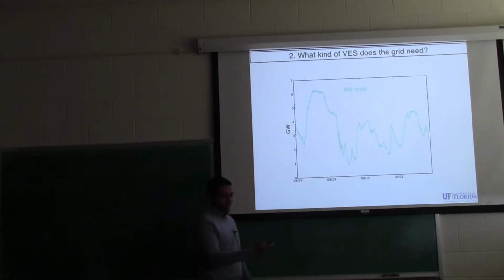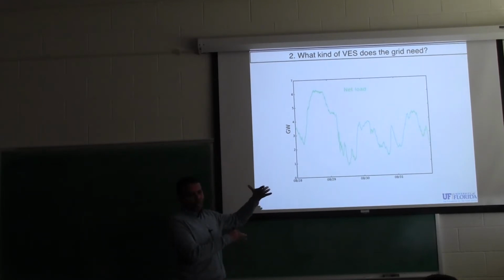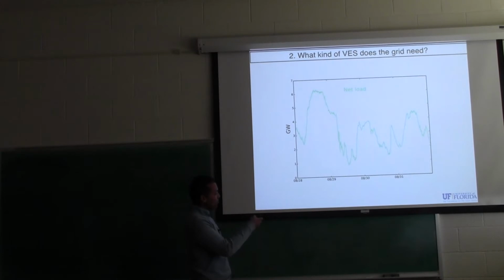Okay, right now, why is this a research problem? Why is everybody thinking about it? It's that you cannot use generators now to track this net load, right? This is what grid has to provide. Actual baseline demand minus whatever is produced by solar and wind. So remaining is this, and this is what everything else has to provide.